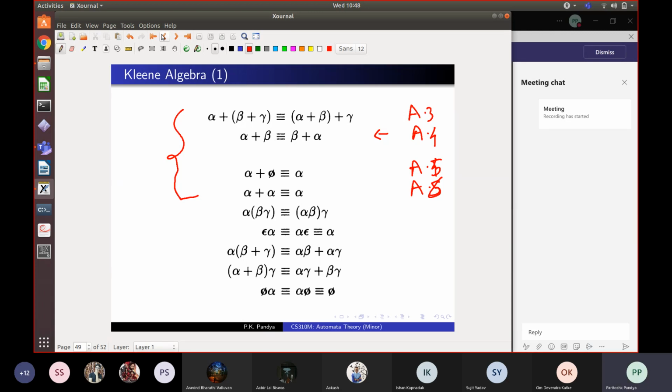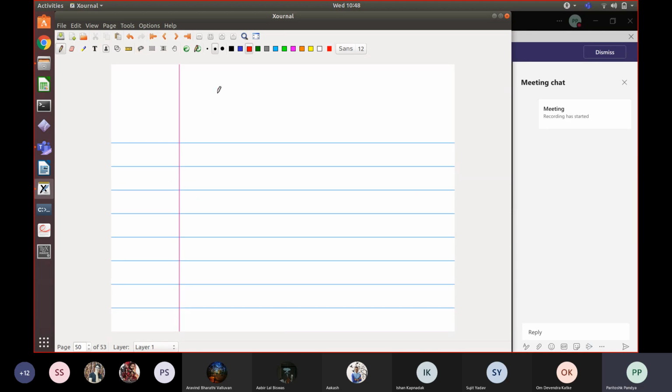And there is one more thing that I need to do. Every regular expression is equivalent to itself; that is obvious, no? Every arithmetic expression is equal to itself, right? Also, if you've got alpha equivalent to beta, that implies that beta is equivalent to alpha.